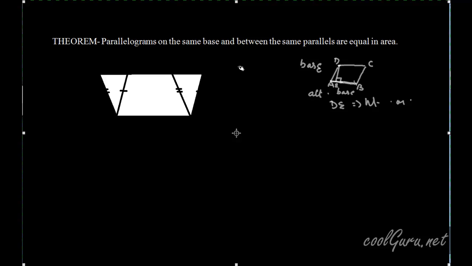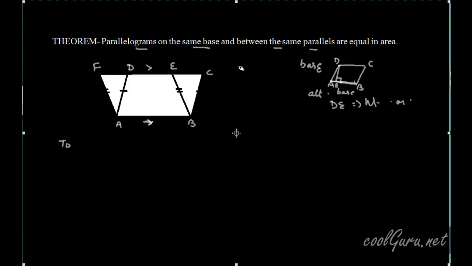Now in this theorem, we have to prove that parallelograms which are on the same base and between same parallel lines are equal in area. Consider this figure. Let ABCD be the first parallelogram, and ABEF the second parallelogram. Both the parallelograms are on the same base AB, and between the same two parallel lines AB and FC.